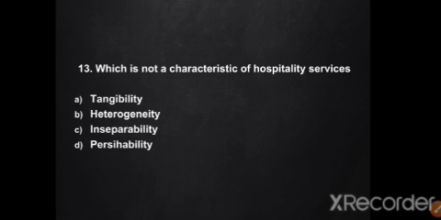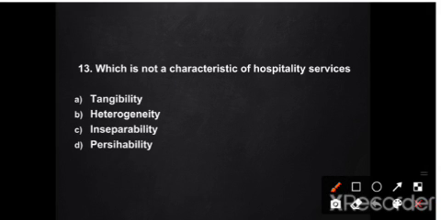Which is not a characteristic of hospitality services? A, tangibility, B, heterogeneity, C, inseparability, D, perishability. Like in the previous question, we have already discussed this thing. So the correct answer would be A, tangibility.